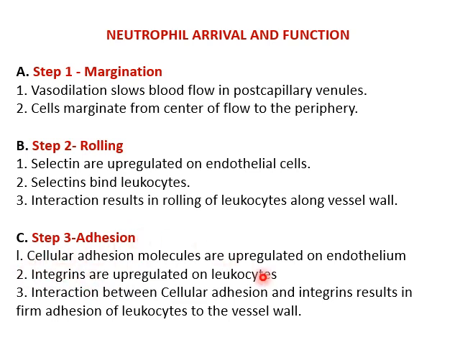They are upregulated on the endothelium, the cells that make up the blood vessel wall, and on the leukocytes, and the interaction between the cellular adhesion molecules and the integrins results in firm adhesion of leukocytes to the blood vessels. We need firm adhesion here. In step number 2, rolling, it's just loose, not firm, because we need the leukocyte to roll along the blood vessel wall.